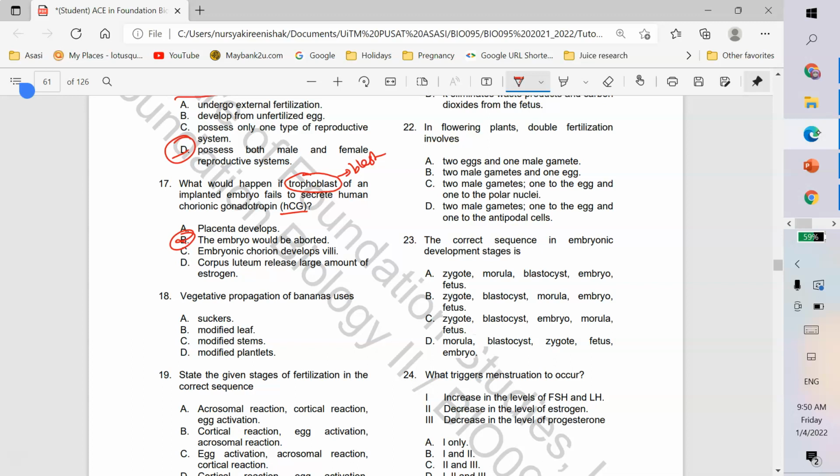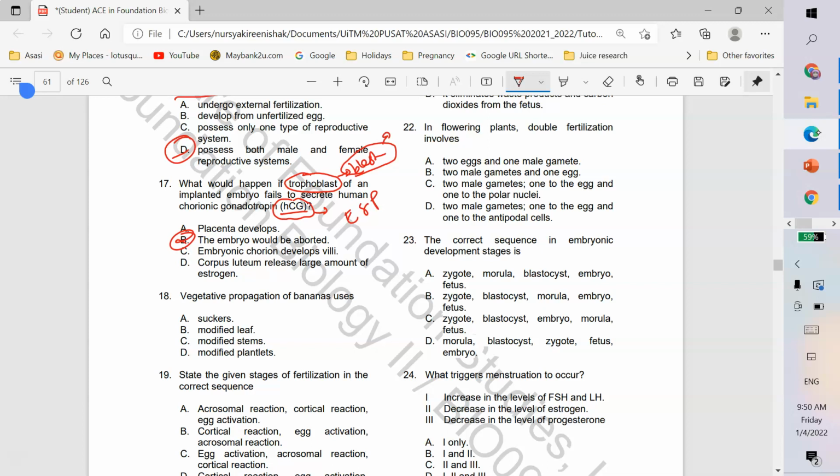Tadi saya dah explain kalau blastosis dia pada awal pregnancy akan menghasilkan HCG yang fungsi HCG ni adalah untuk maintain the corpus luteum from being destroyed or degenerated, sebab corpus luteum ni penting untuk menghasilkan estrogen and progesterone.